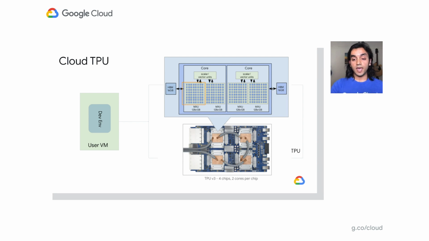Each of these chips has 2 cores, and each of these cores comes equipped with 2 matrix multiplication units and 16 GB of high bandwidth memory per core. All in all, this device has 8 cores, and that's why when you choose the accelerator type when you're creating this device, you choose v3-8 or v2-8.